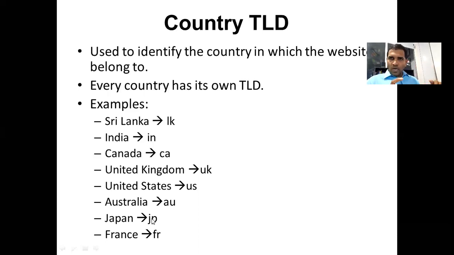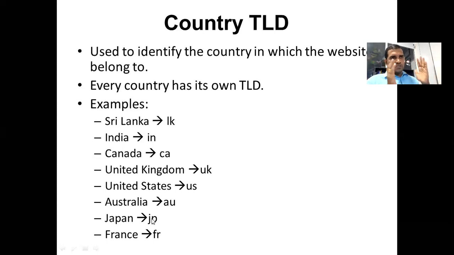If there is a URL in the form of http://www.abc.uk, that shows us it is a UK company. But it doesn't show anything about the nature of the organization. We don't know anything about education or profitable or non-profitable, nothing found.